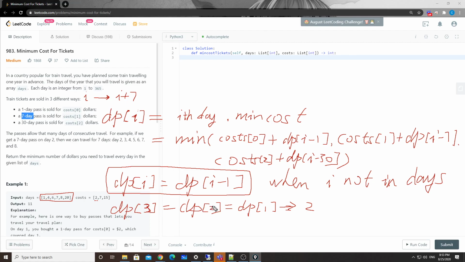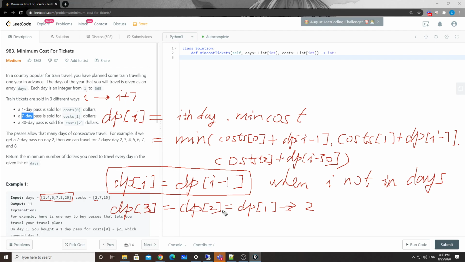Now, basically our definition here is the minimum cost of staying, but on day 2 we don't need to travel, we can just stay at home, right? That's why the cost at DP2 is still $2, because we don't have to travel on day 2. Same thing for day 3 here.